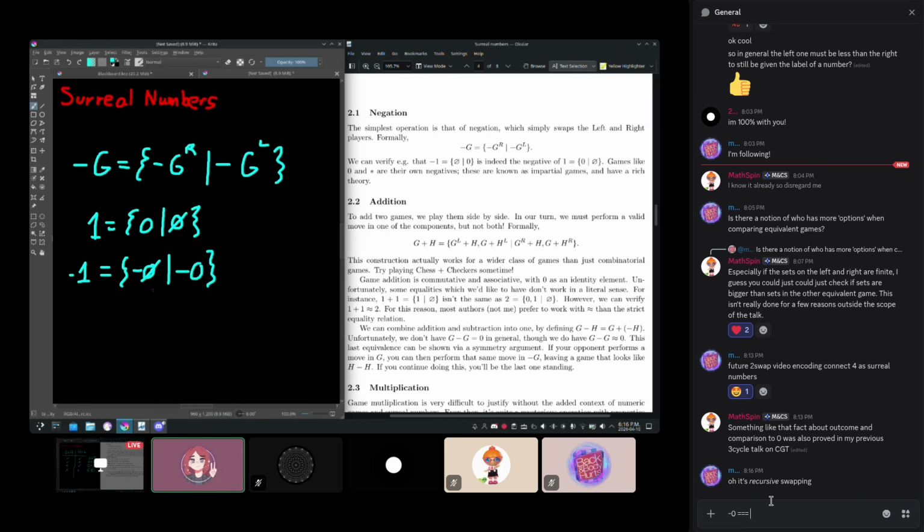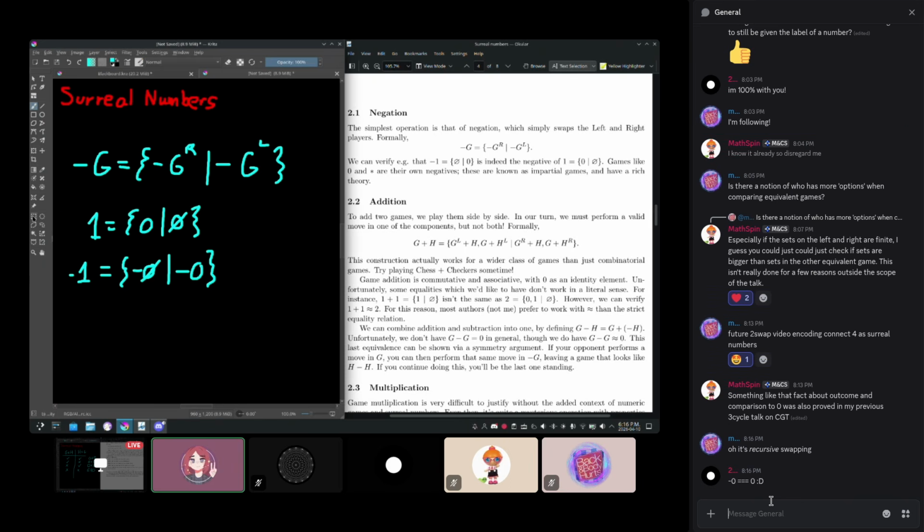Except that if we are negating an empty set, we're not actually negating anything, so it's just the empty set again. And the negative of 0, I probably should have started with that one, is pretty easy to see: it's just 0. So the negative of 1 works out as the thing that we said it was, which is the empty set for the left player and 0 for the right player.